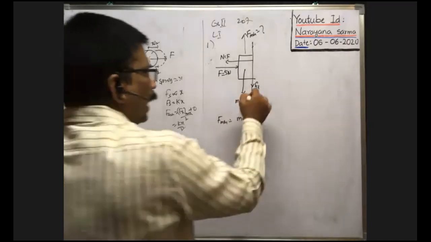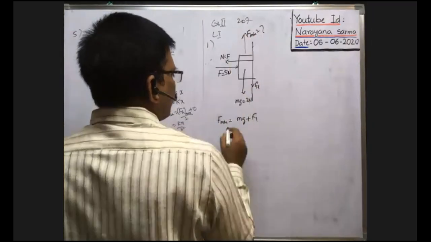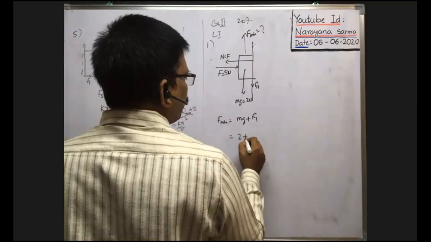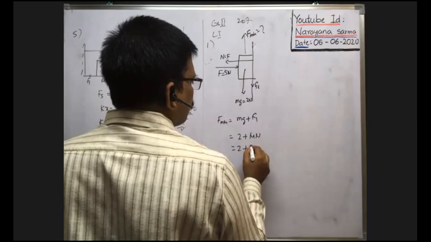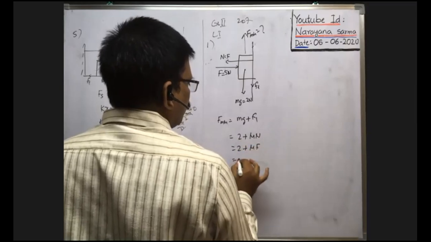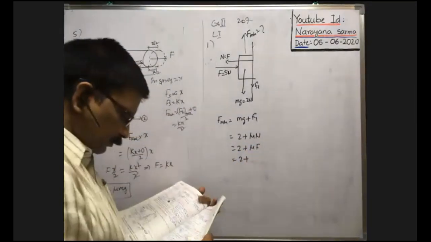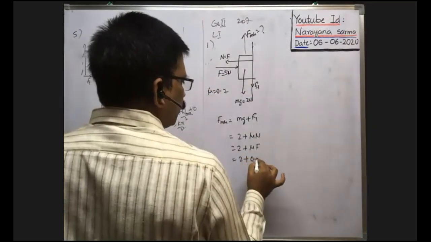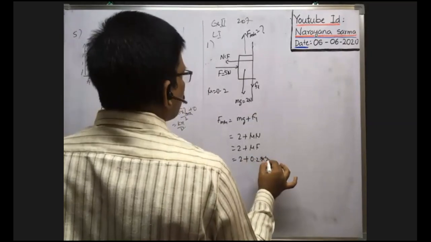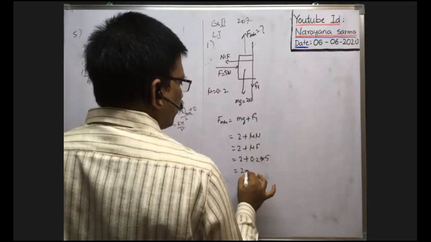This is equal to mg, which is 2, plus fL, which is mu times normal reaction, that is the applied force. So 2 plus mu times F. Mu value is given as 0.2. So 0.2 times F, which is 5, gives 1. So 2 plus 1.